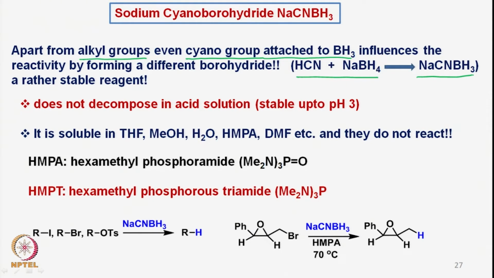But when we put a cyano group, which is an electron withdrawing group, it obviously reduces the nucleophilic nature of the borohydride part, that is, in this particular case the BH3 part is much less nucleophilic than in the sodium borohydride case.